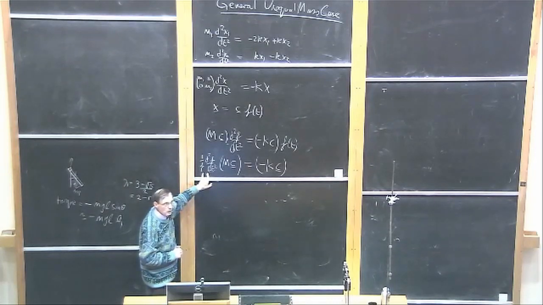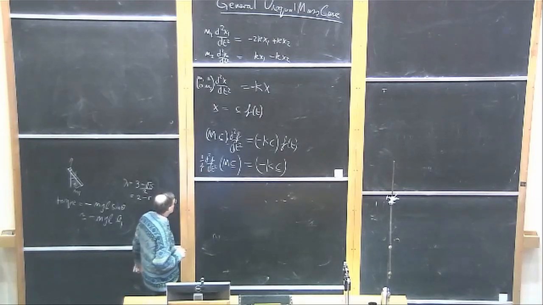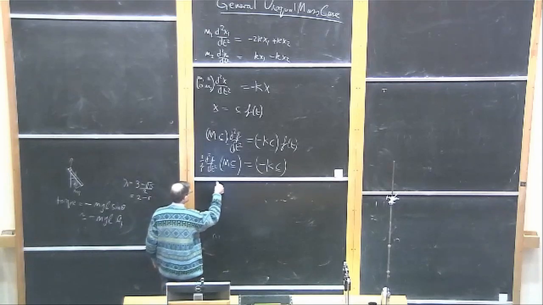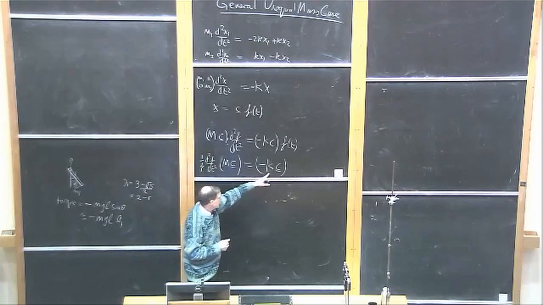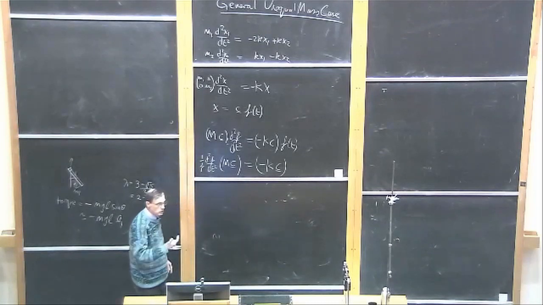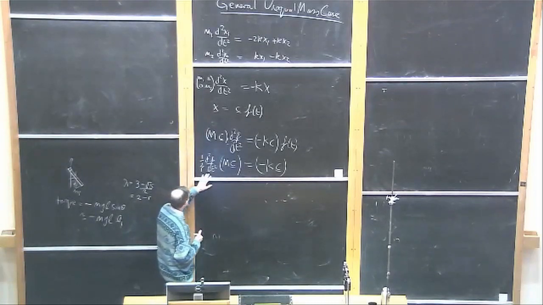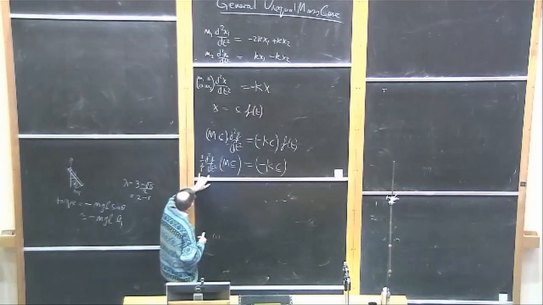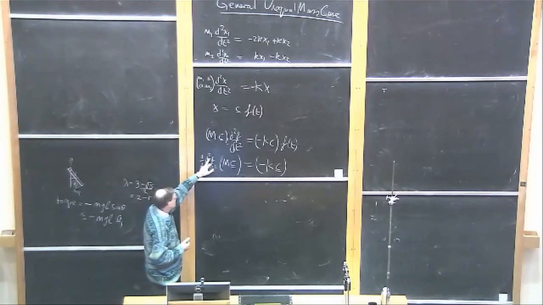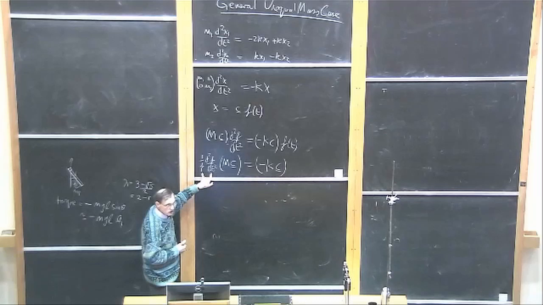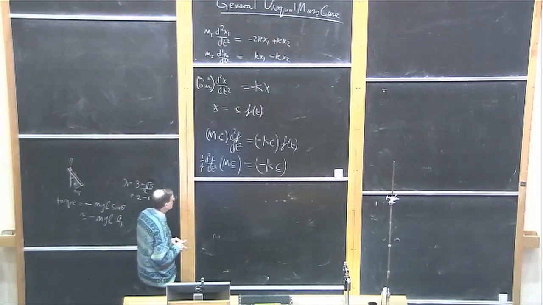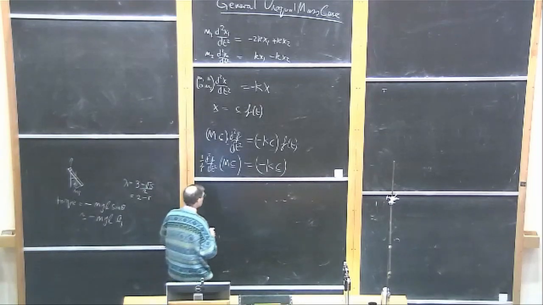The only question is, what are we going to call that constant? Last time we called it lambda. I'm going to call it lambda again, but last time lambda was one of the eigenvalues of K, with the dimensions of spring constant. On this occasion, it's just obvious looking at it that this has dimensions of time to the minus 2. It's a second derivative with respect to time of f divided by f. So this has dimensions of frequency squared, not spring constant, but I'll still call it lambda.